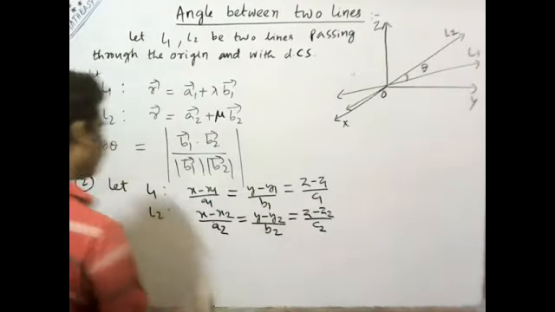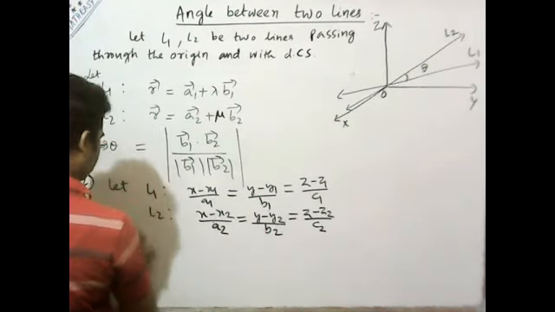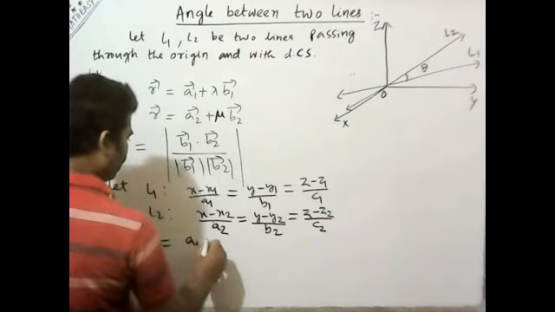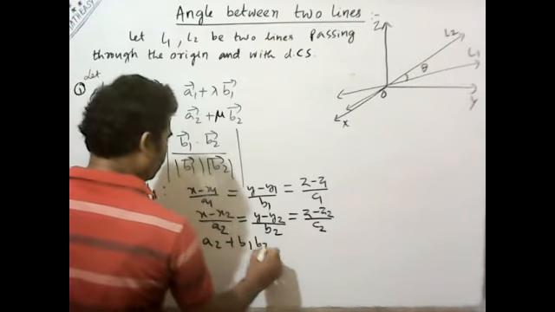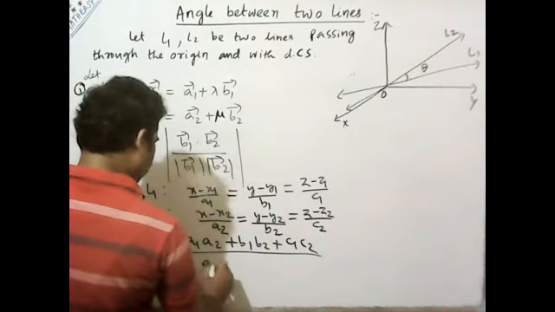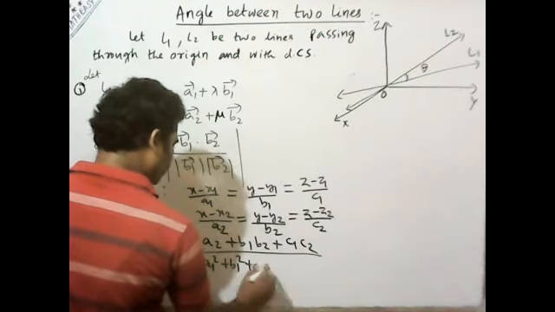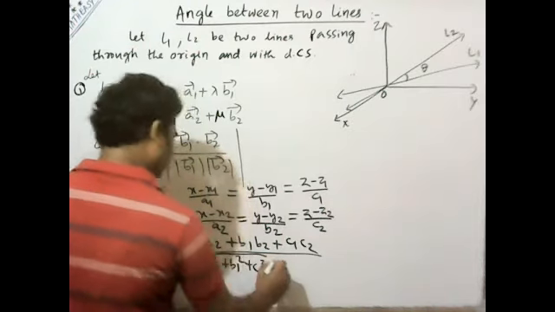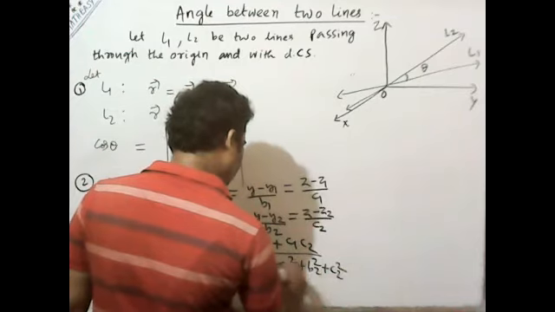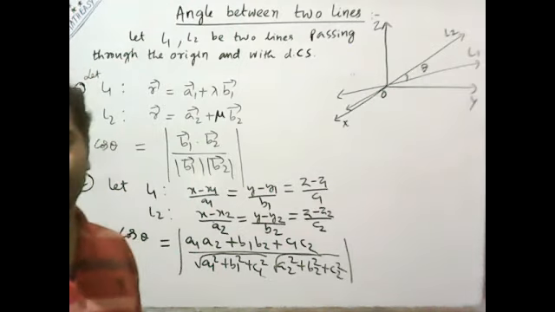So that the value comes: cos theta is equal to A1 A2 plus B1 B2 plus C1 C2 by the root of A1 square plus B1 square plus C1 square, over the root of A2 square plus B2 square plus C2 square. This is the angle between two lines.